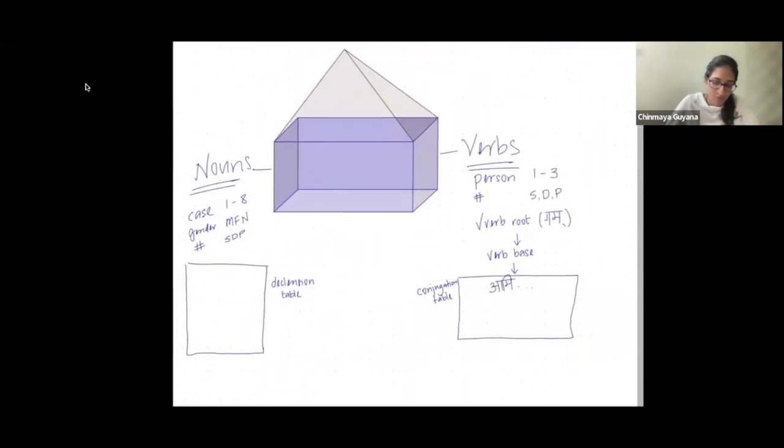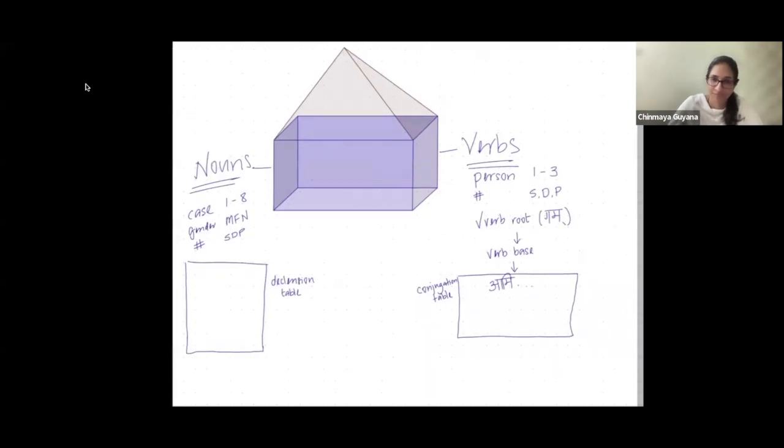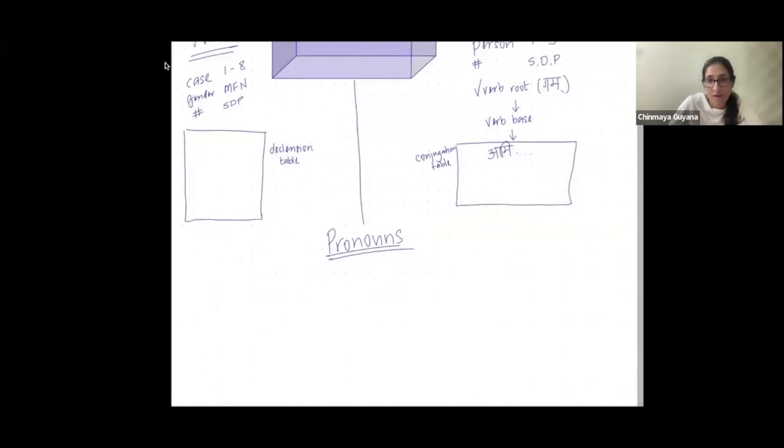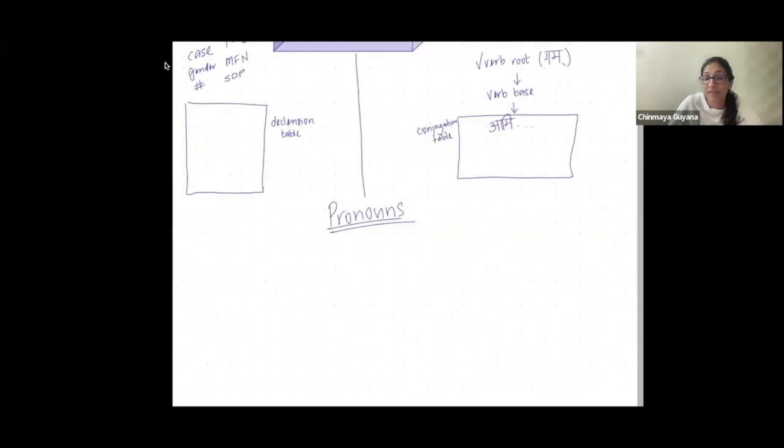Next wall. Does anyone remember what the next wall was? Pronouns. Tell me about pronouns. Pronouns are words that replace nouns.